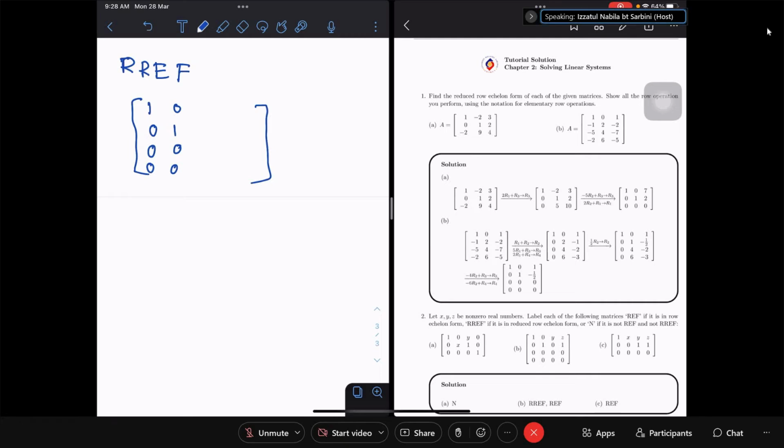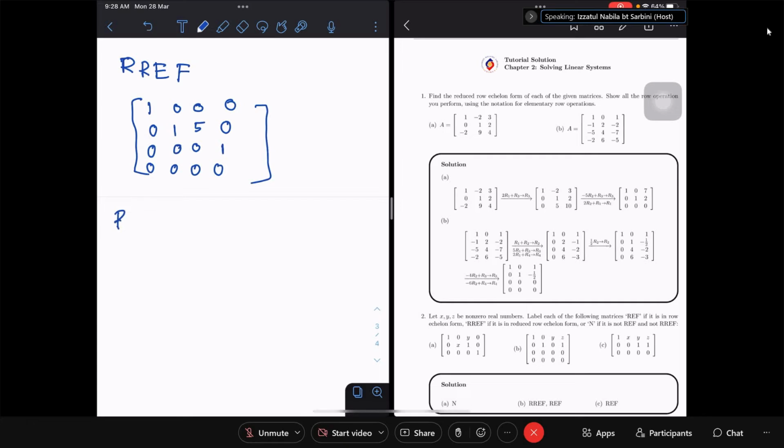Let's say here we have numbers 5. Here we have zeros. So do we have to zero out 5? No, because it is not in the same column of leading one. And for example, dekat sini pula ada 1. This is the third leading one. So means that, okay, we have to zero out everything else in the same column with the leading one. Okay? Understand? That is RREF.